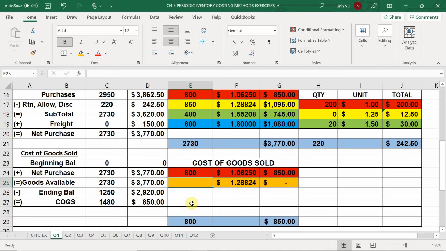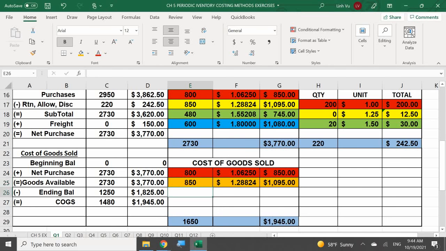I sold my first 800 units, all the quantity from the red batch, and also all the yellow batch. If I sell out the whole yellow batch of 850, I sold 1,650. Is that true? Yes.